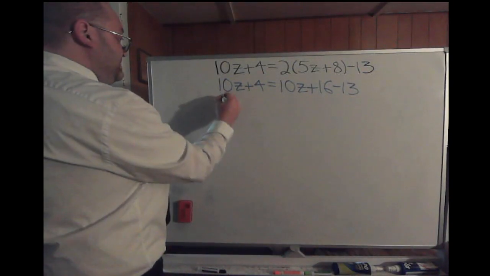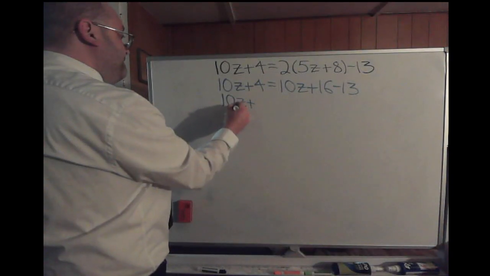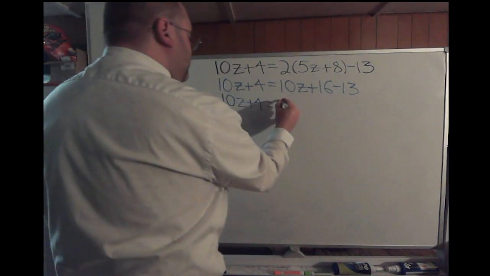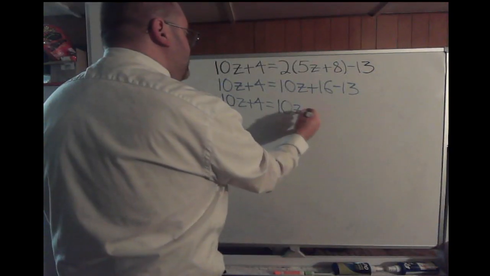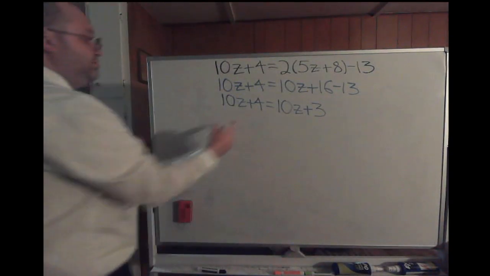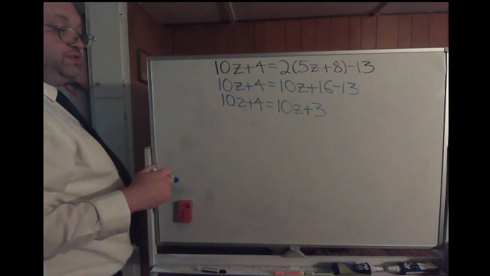Alright, left side stays the same for now. You'll have 10z plus 4. That's going to be equal to 10z. Then we have 16 minus 13, that's 3. So you have 10z plus 4 equal to 10z plus 3.